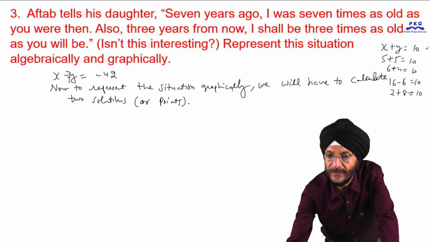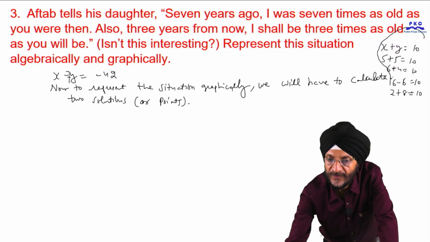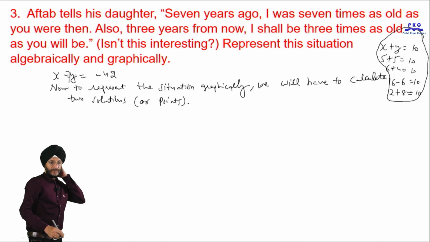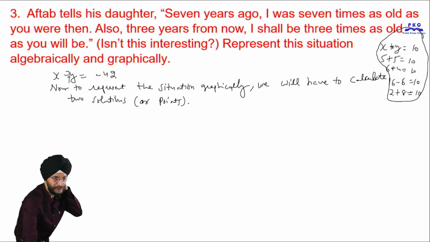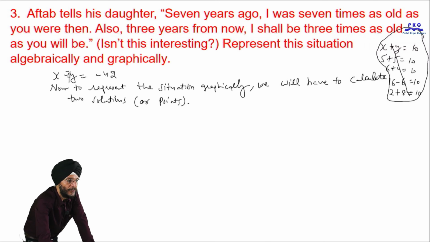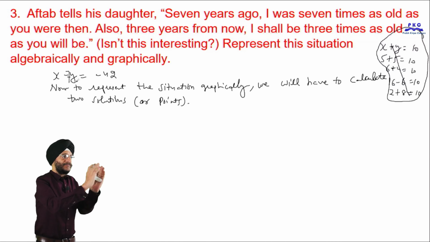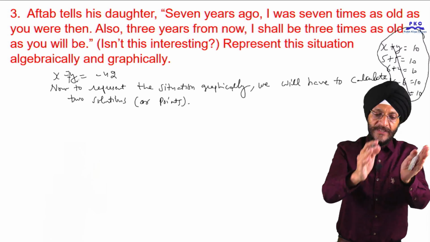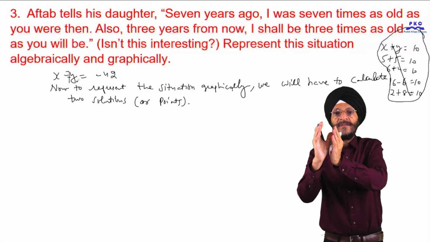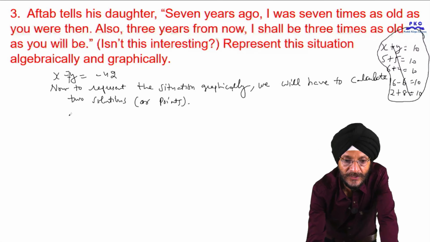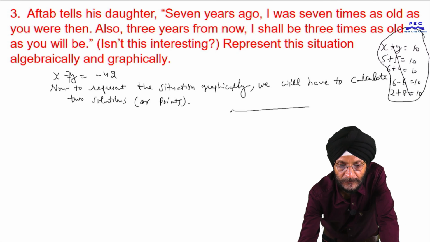So there are many likely scenarios in a case where x plus y is 10. In the same way, here we are to find the values of x and y which meet the equation. That is, the ultimate result is minus 42. So to find that, we will here form the table.